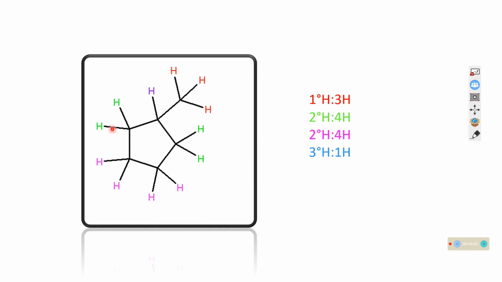These four hydrogens are 2 degree in type, and these four hydrogens are 2 degree in type. So actually there are three types of hydrogen: 1 degree, 2 degree, and this hydrogen is tertiary, or 3 degree. But these four hydrogens are different from these four hydrogens, because one methyl group is adjacent to these four hydrogens.